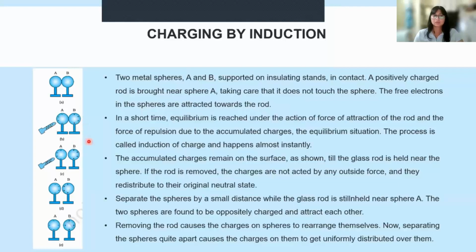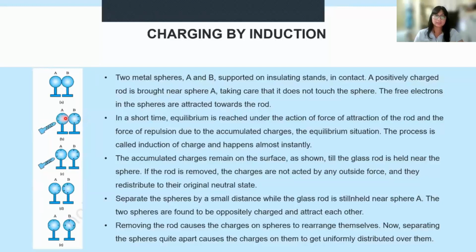In a short time, we will see that equilibrium is attained, due to the force of attraction of the rod on the negative charges, and the force of repulsion due to the accumulated charge.